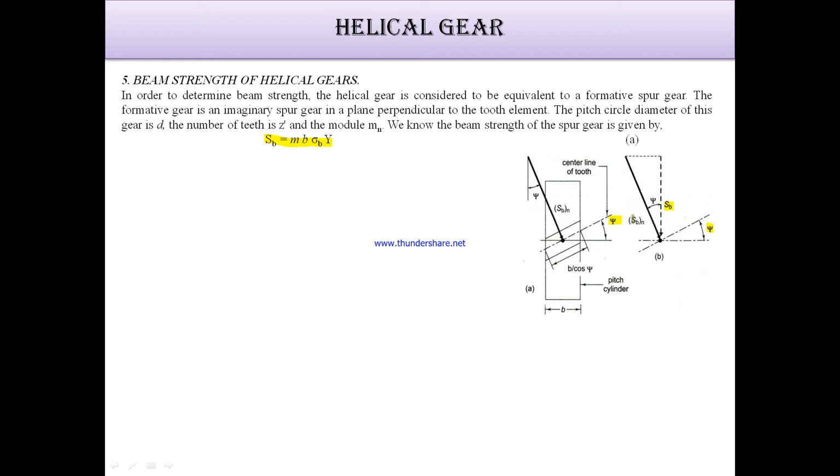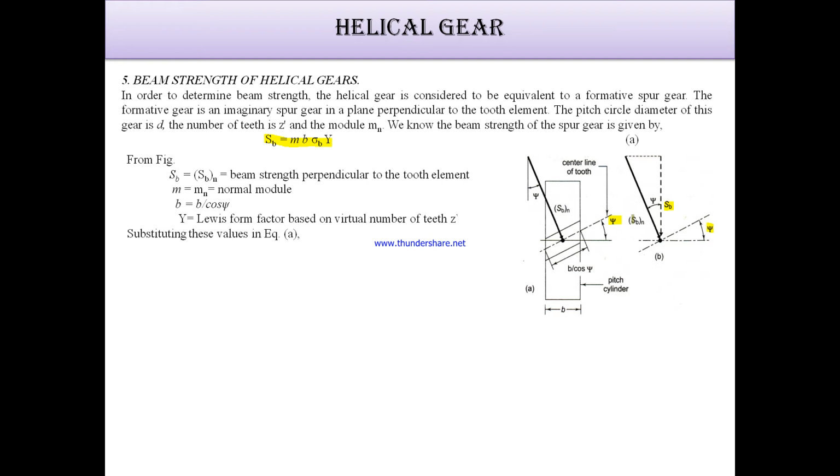So due to this, the equation for helical gear can be seen as follows. Sb can be written as SbN, that is the beam strength perpendicular to the tooth element, m as mn, that is the normal module. The face width for helical gear is b upon cos of psi, and Y is the Lewis factor, which is the same.